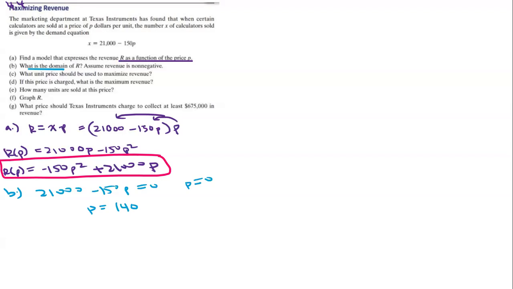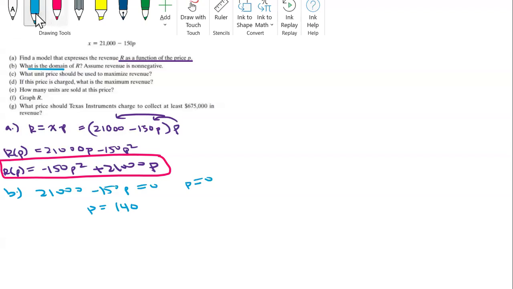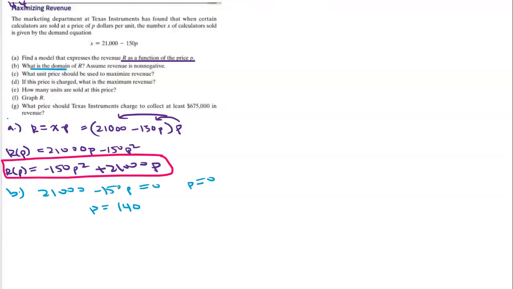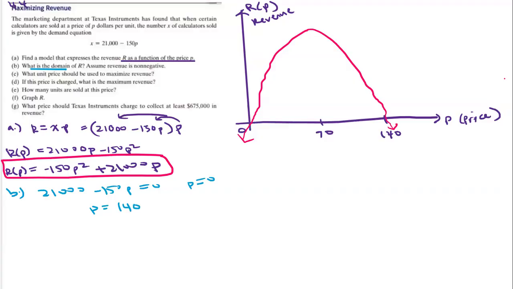So let's go ahead and draw our coordinate plane. Sorry, that's a terrible drawing there, but it's really hard to draw on this tablet. Part B wants us to find a domain. So we found our x-intercepts. We want positive revenue, so we don't really care about anything below.